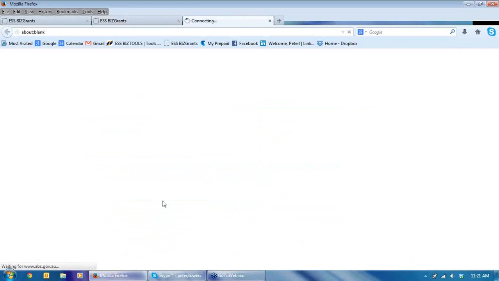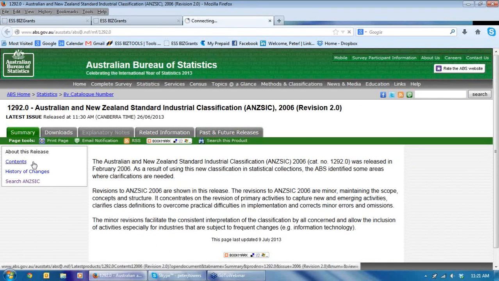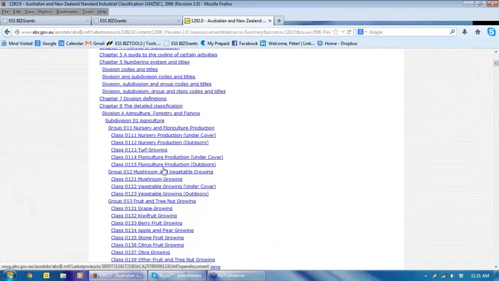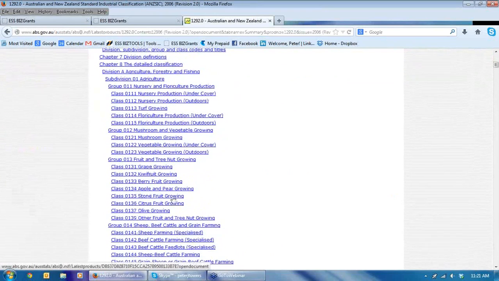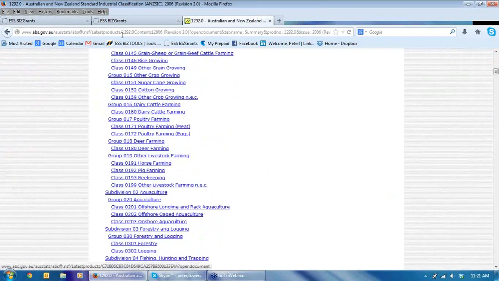If you're unsure, you can go on to the website of the Australian Bureau of Statistics and look at the detail of the Australian and New Zealand industrial classifications and work out which one relates to this client.